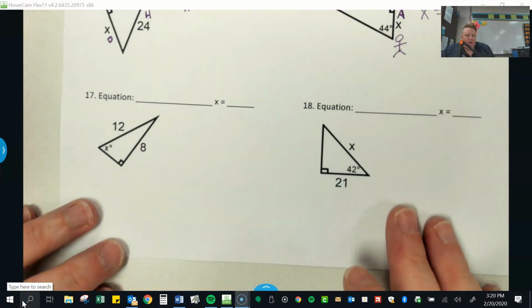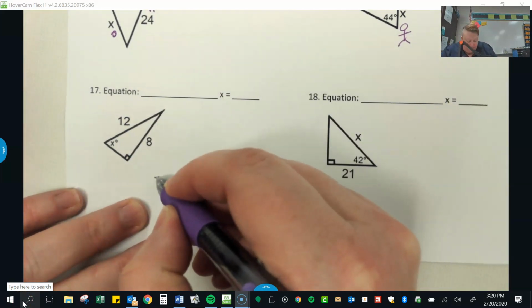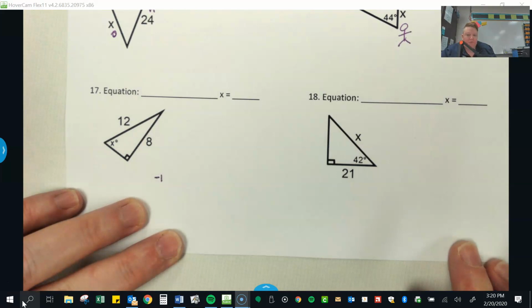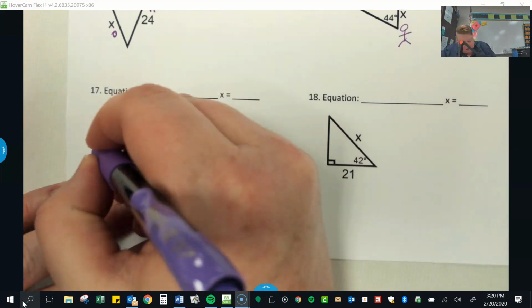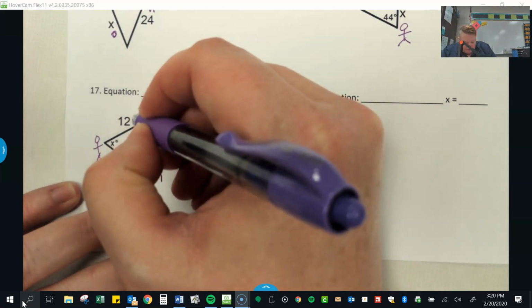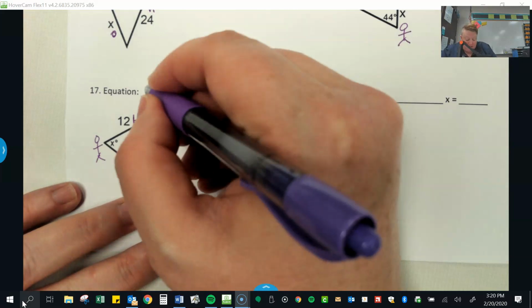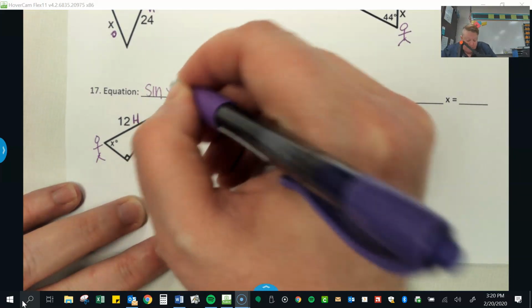So let's look here. Here we're looking for the angle. When you're looking for the angle, you use the inverse, those ones with that little -1. So I'm standing here. 8 is my opposite. 12 is my hypotenuse. That's sine. Sine uses the opposite and the hypotenuse.